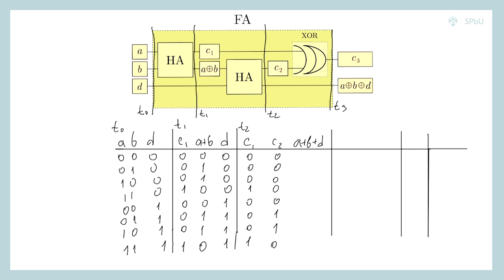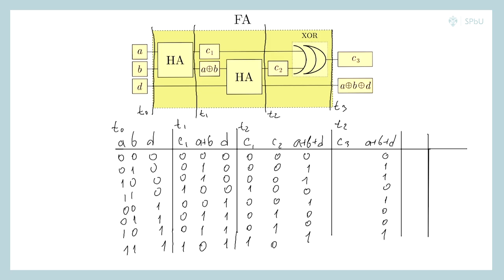And the sum of all 3 input bits is 0, 1, 1, 0, 1, 0, 0, 1. And as a result, we obtain 2 bits, C3 and A plus B plus D. Bit A plus B plus D is still unchanged, so it's 0, 1, 1, 0, 1, 0, 0, 1.